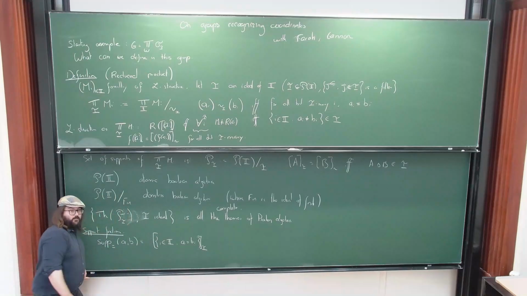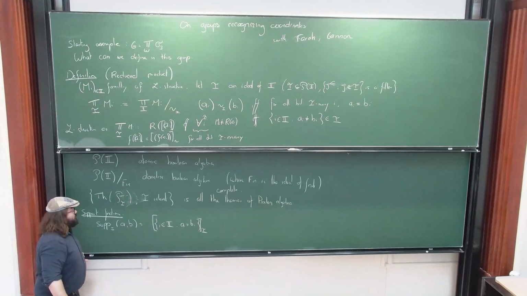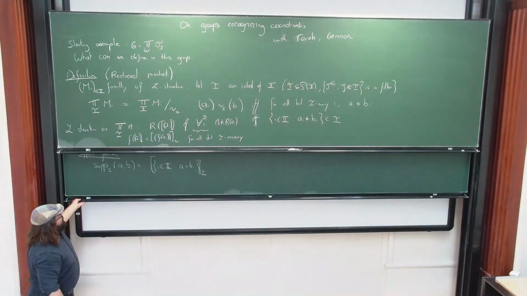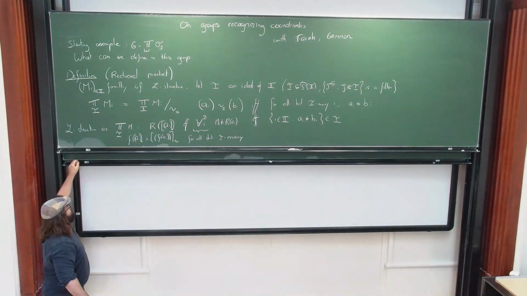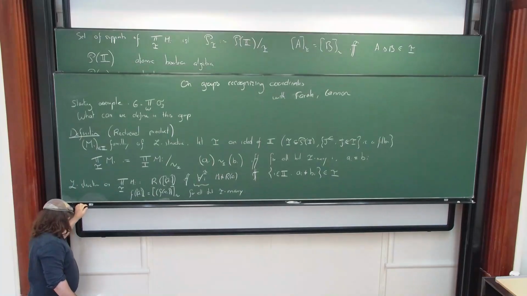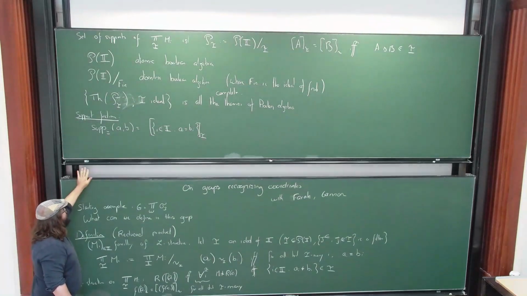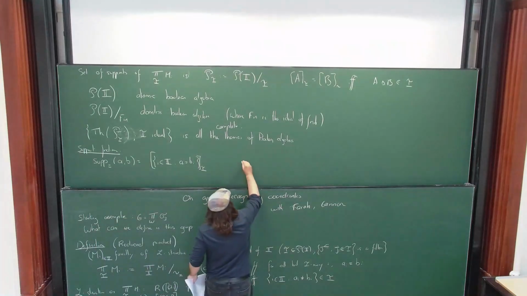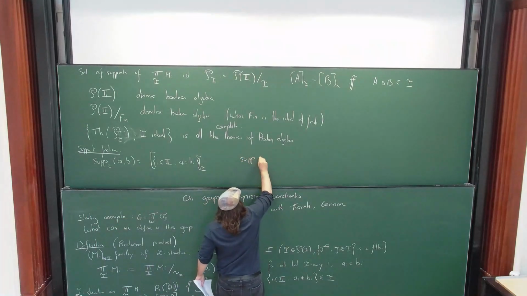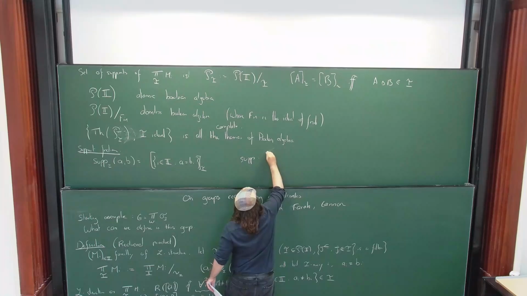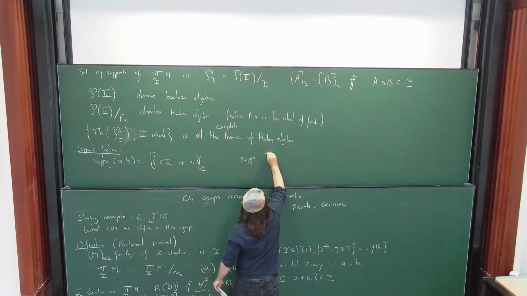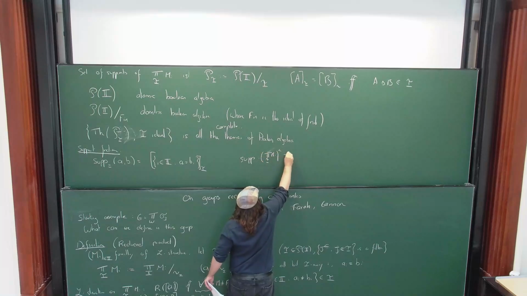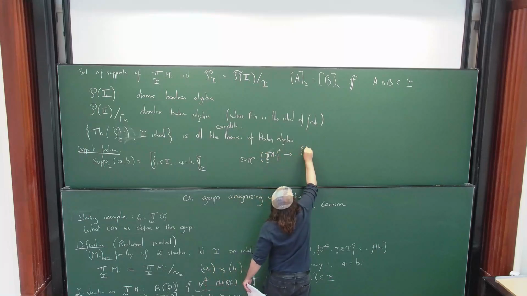More generally, you can define some other functions. So, what is this function? It's a function from my product squared to P(I).